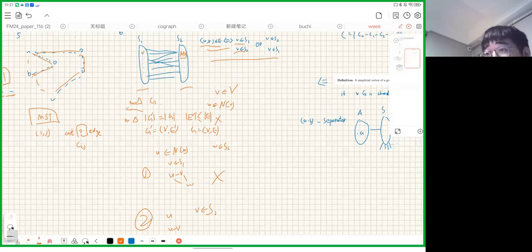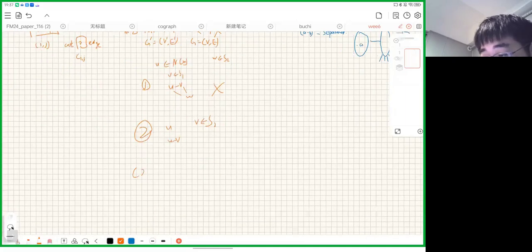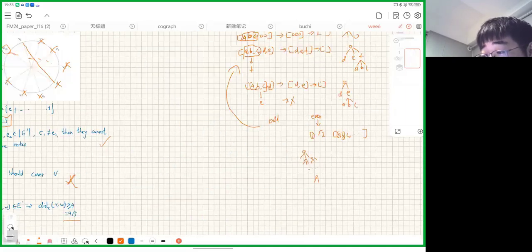Then what will happen? How many edges are there? We don't know, right? Because we don't know the number of vertices in S1 and S2. But here I want to make a claim, claim 2. What is claim 2?